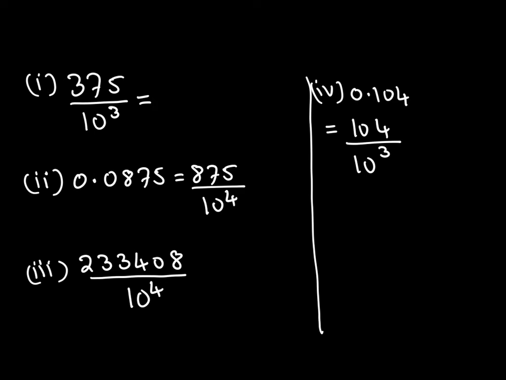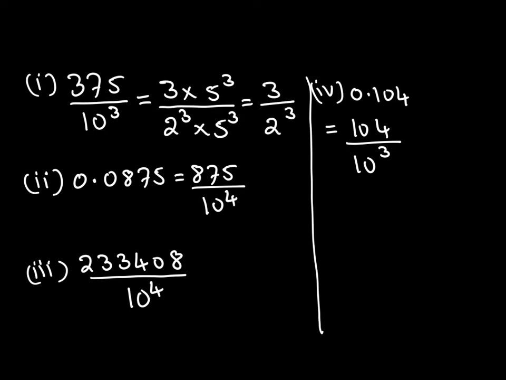The prime factors of 375 will be 3 times 5 to the power 3. And the prime factors of 10 to the power 3 are 2 to the power 3 times 5 to the power 3. If we cancel out the common factors, 5 to the power 3 and 5 to the power 3, we'll end up with 3 over 2 to the power 3. Let's go to the second one, 0.0875. It can be expressed as 875 over 10 to the power 4.